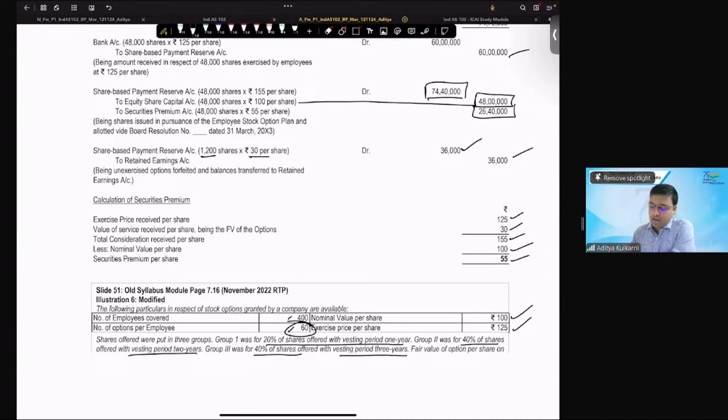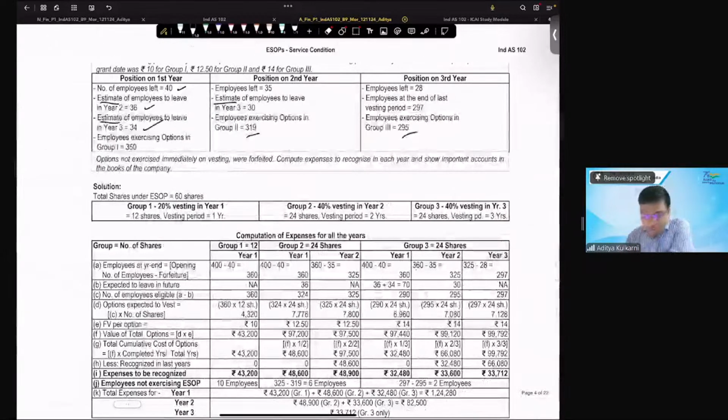Group 1 is vesting period of 1 year only. That is 20%, so 12 shares. You stay for 1 year, take 12 shares. You stay for 2 years, you will get 12 plus 24 shares, so 36 shares. You stay for 3 years, you will get all the 60 shares. I hope you are okay with this.